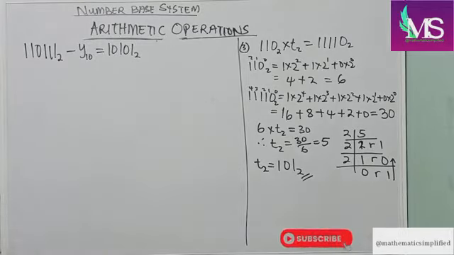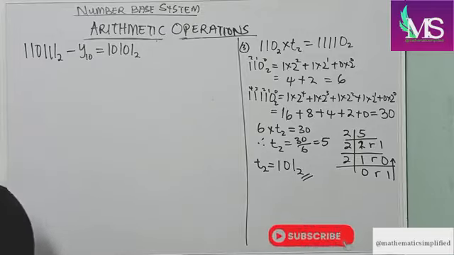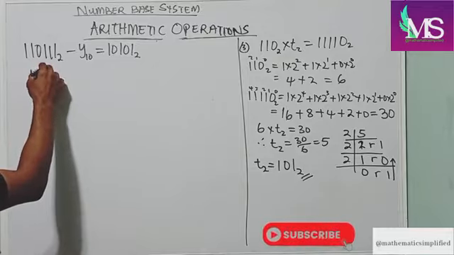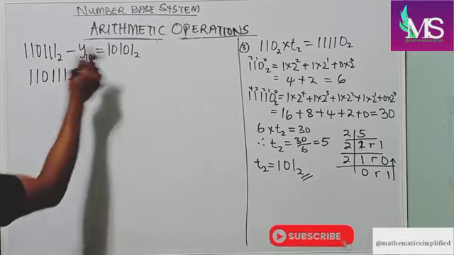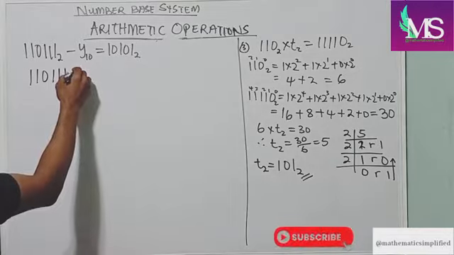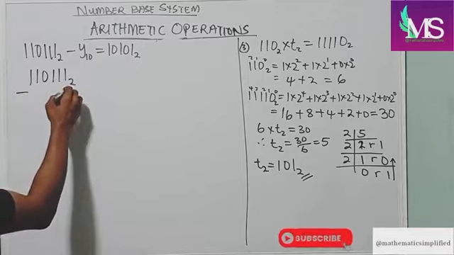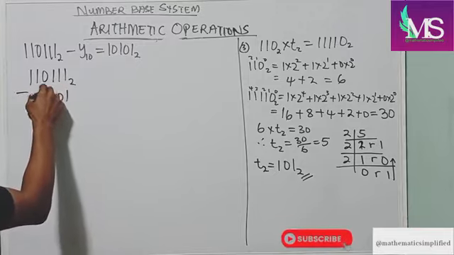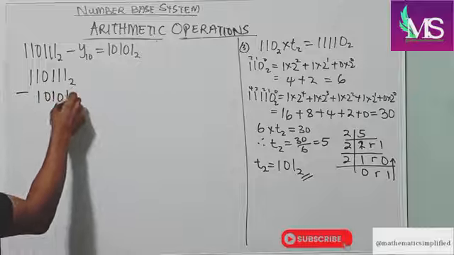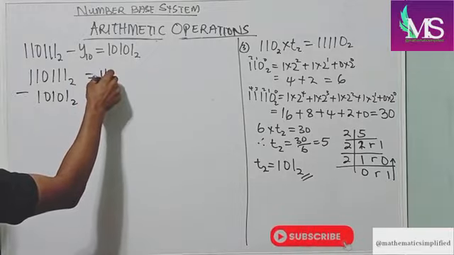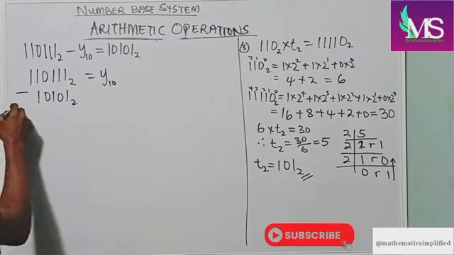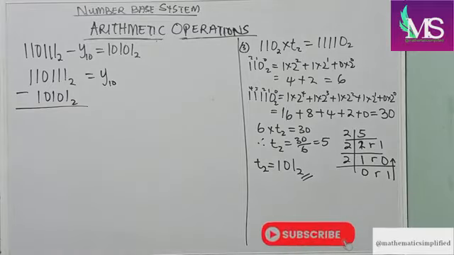Now, for us to find the value of y, we are going to do 110111 base 2, collecting like terms, minus 10101 base 2 equals y base 10. Alright, so let's solve this out.